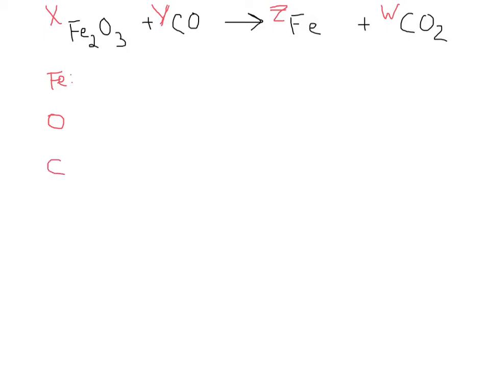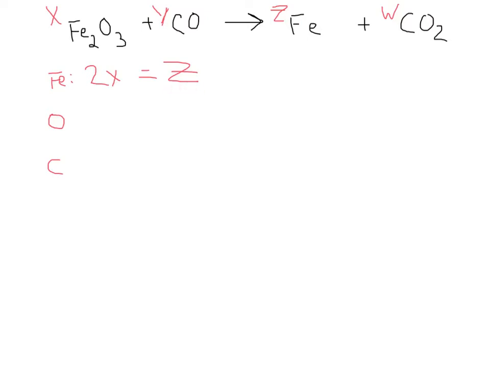If we look at the left side, iron appears in the first reactant, Fe2O3, and it's going to be 2x, 2 because the subscript is 2, and x because of the coefficient. We set that equal to z, because the iron on the other side has no subscript, just the coefficient z. So 2x on the left equals z on the right.